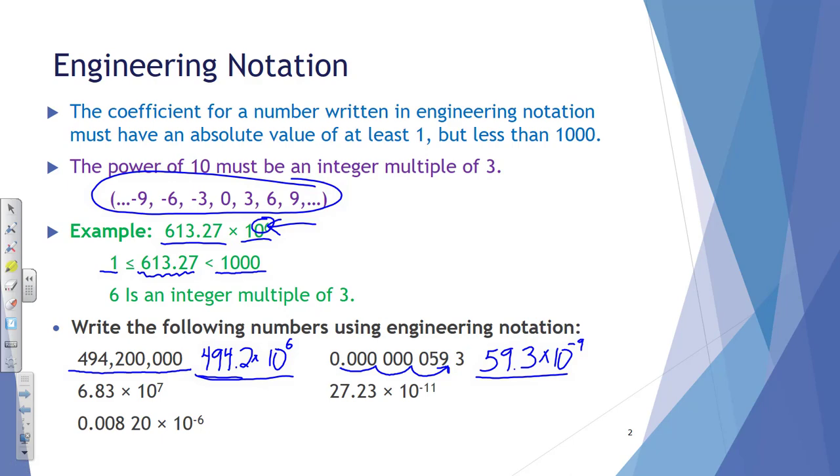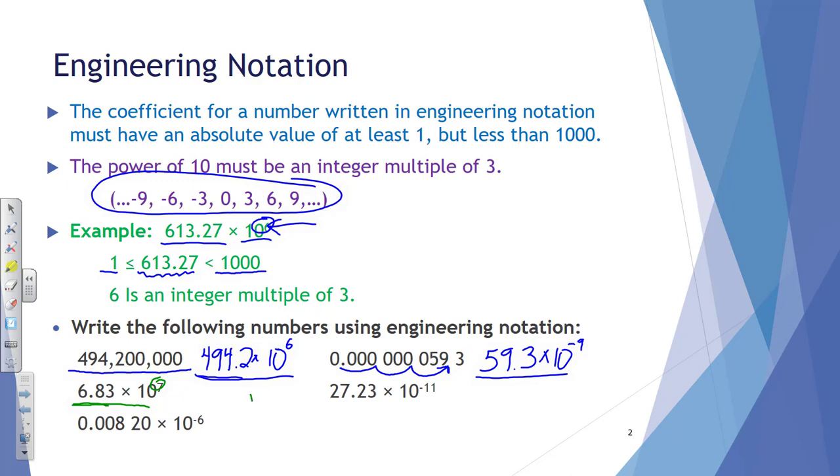Now, 6.83 times 10 to the 7th, that number is in scientific, but we want to move it to engineering. We'd have to focus on changing that exponent. We need to make that 7 go up to a 9. That would make our coefficient smaller, and we really can't go any smaller than 6.83 or we'll be too small. So we're going to make our exponent smaller, which will make our coefficient a little bit bigger.